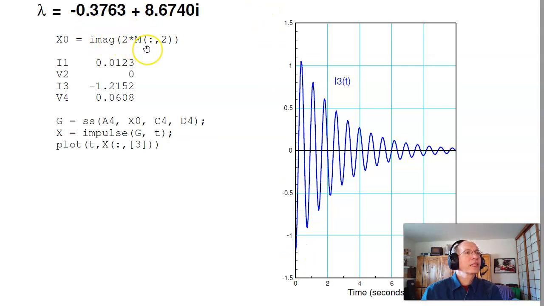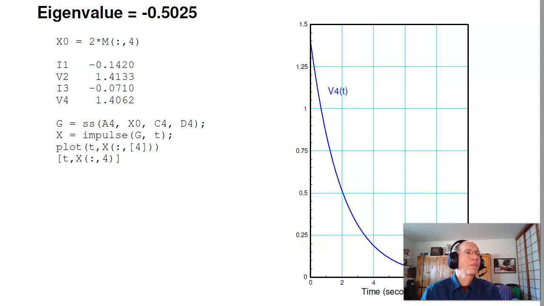If I make it the complex part, that's a sine function. Again, same eigenvector, decays in 10 seconds, oscillating at 8.67 radians per second. Plus, there's the slow mode, eigenvalue at minus 0.5. If I make that my initial condition, it decays very slowly, takes about 8 seconds to settle out as a real pole.